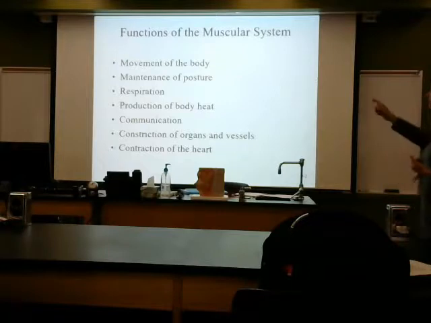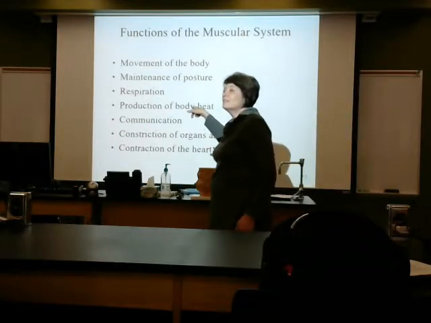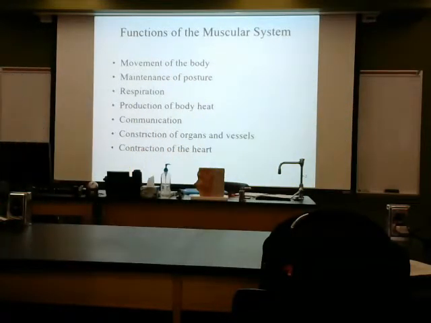We need it for maintenance of posture. Those very deep muscles will do that. We're going to need this skeletal muscle for respiration. Now, wait a minute. How many of y'all sit and think about every breath that you take? When you say something about it, or if you're doing some exercise, you might be huffing and puffing, okay?